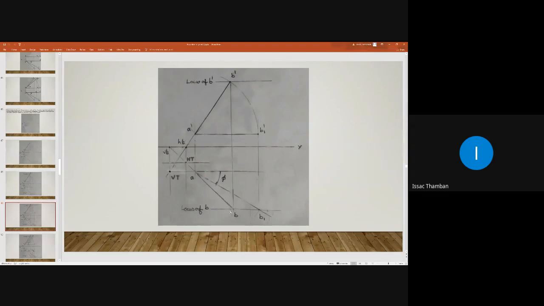So this line can be marked, and after obtaining B1 dash, draw a vertical projector and intersect the locus plane, so that you will get the position of B1. So draw the locus line through point B. Then erect a perpendicular from B1 dash and intersect the locus plane here, and that is point B1.